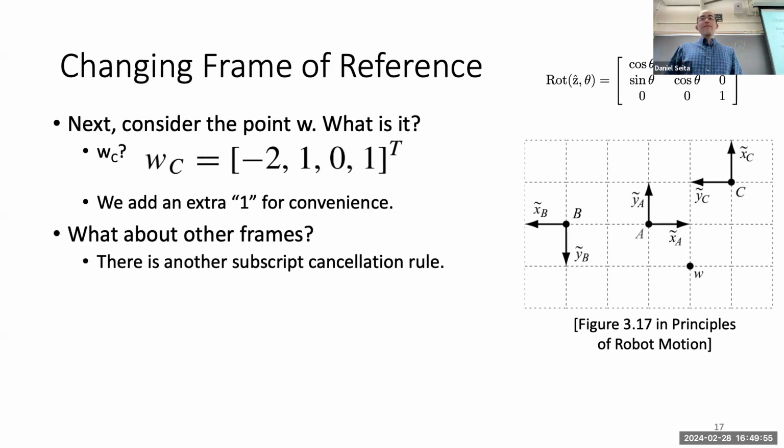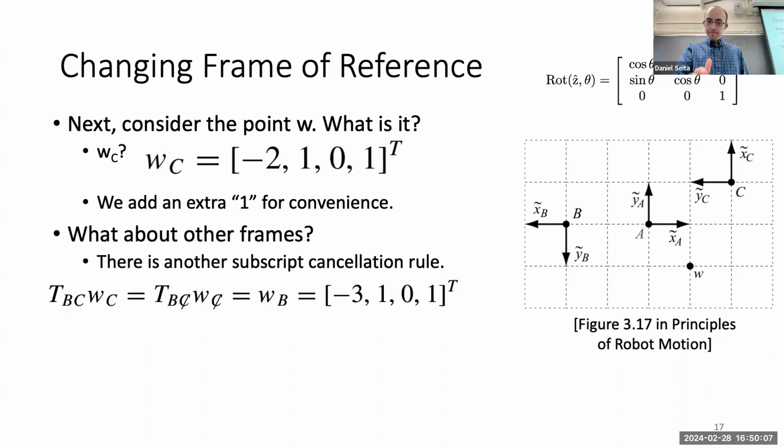So what if you have WC and you want to express it relative to a different frame? So you also have another subscript cancellation rule here. So if we have the transformation of BC, which is B relative to C, anyone catch my mistake? It's C relative to B, yeah. Just checking if you're catching my intentional mistake.